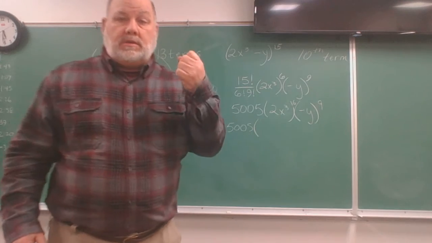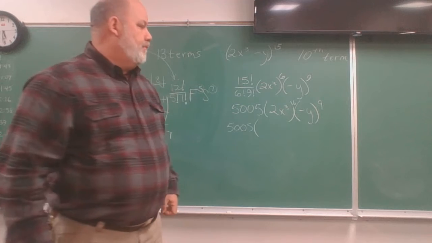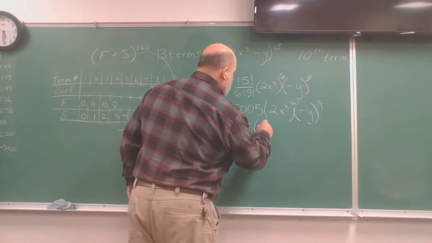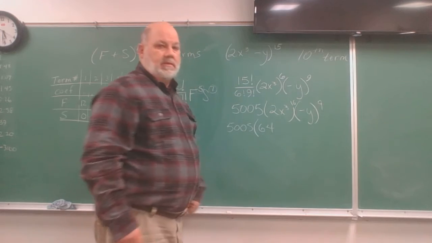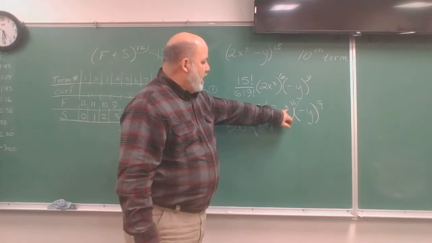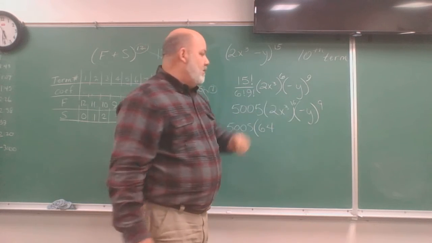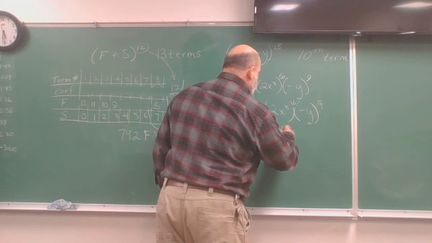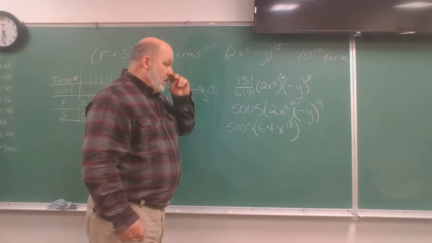It's not too hard. 2, 4, 8, 16, 32, 64. 2 to the 6th power is 64. X cubed to the 6th power. We know that when we have a power raised to a power, those numbers get multiplied. So we have x to the 18th. And this is important.